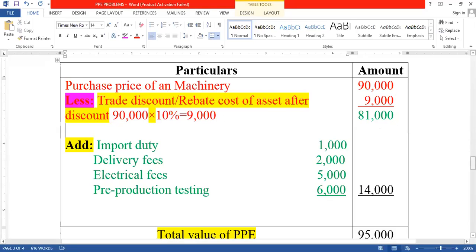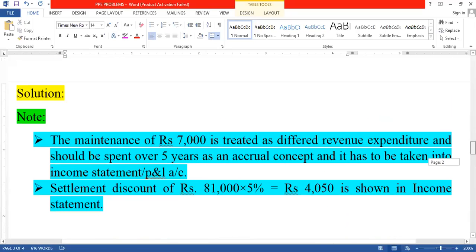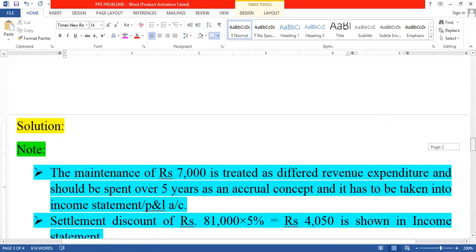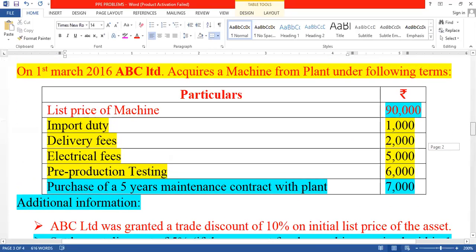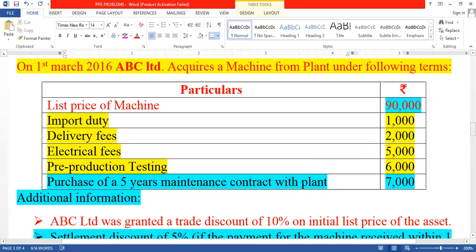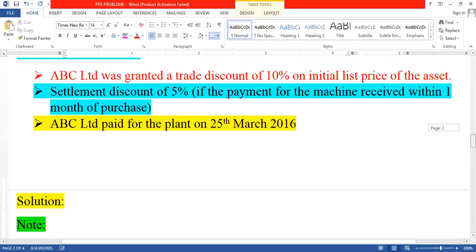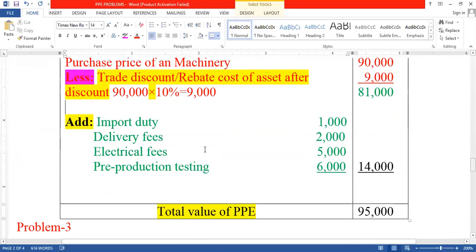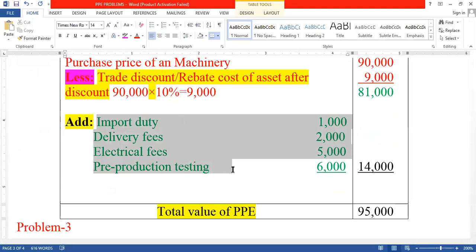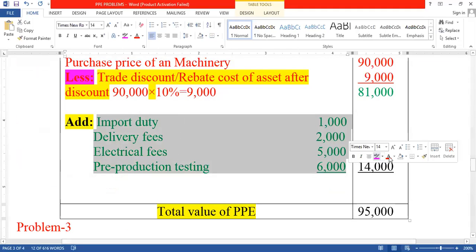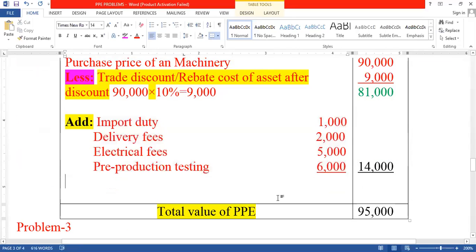81,000. After this, what information is next given in the problem? See the problem: import duty 1000, delivery fees 2000, electrical fees 5000, pre-production testing 6000. So these four items we are adding to the purchase price of the machinery.